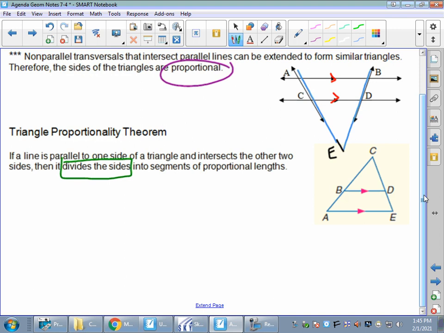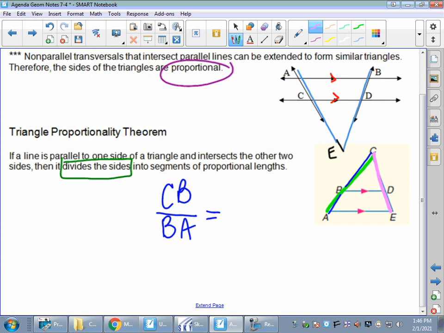So what I could say is, looking at this side right here, I'm going to set up a ratio with those two pieces. So CB over BA. So this top part over the lower part. And then I'm going to go to the other side and do the same thing.